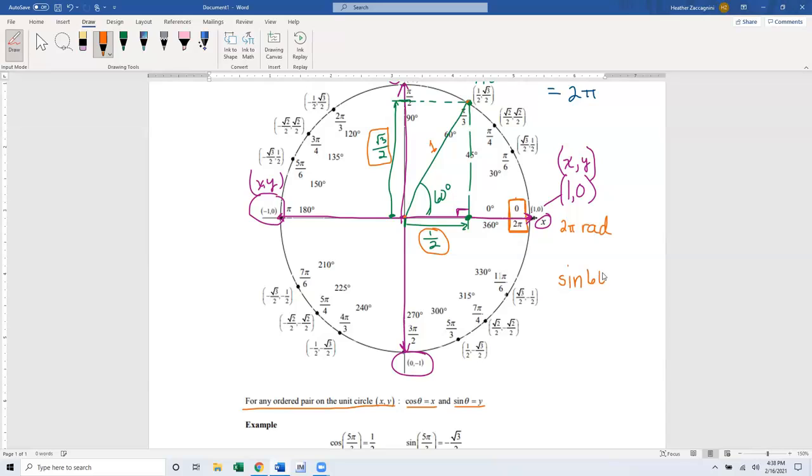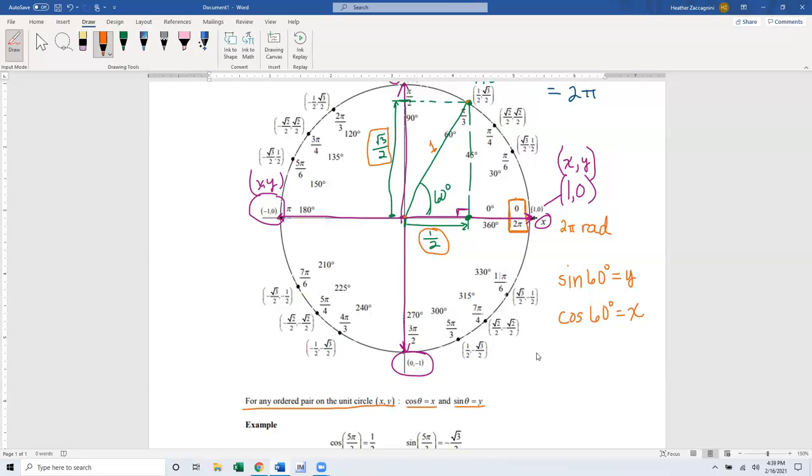So what that means is the sine of 60 degrees and the cosine of 60 degrees are equivalent to the x, y coordinates. Just like it says, cosine is equal to the x coordinate, and sine is the y coordinate. Well, that's pretty interesting.